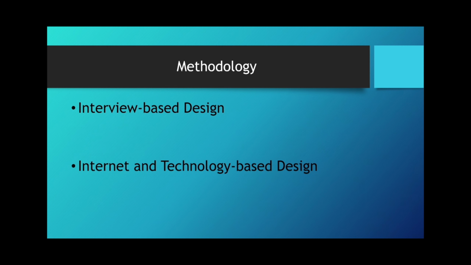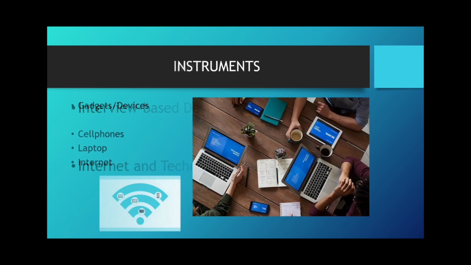And also, there are different methods that we will use so that we can gather the data. The first one is the interview-based design and the internet and technology-based design. To gather those data, we will use cell phones, laptops, and the internet, so we can gather good information for the study.